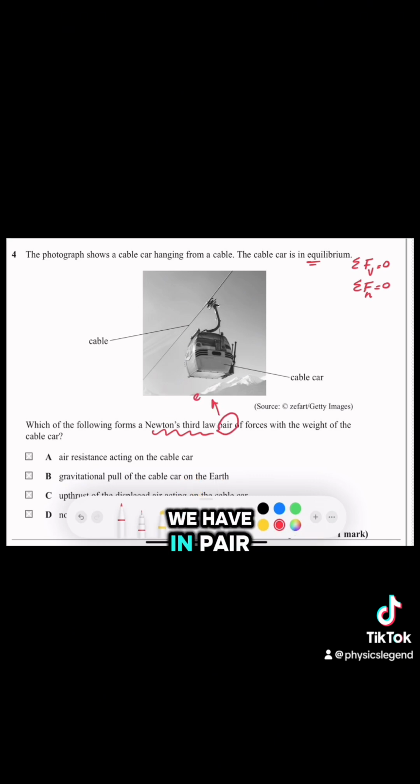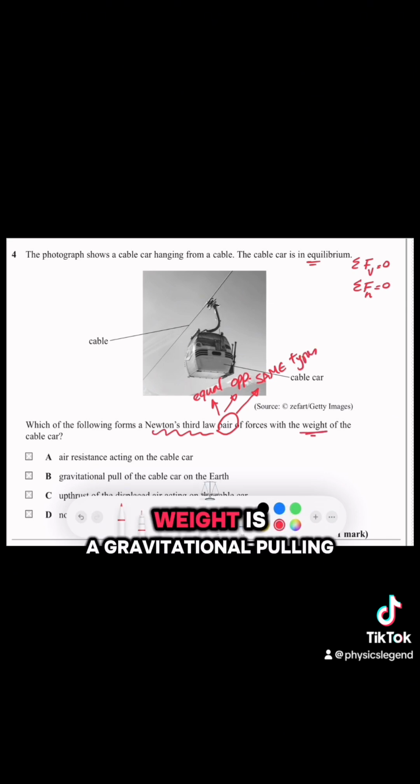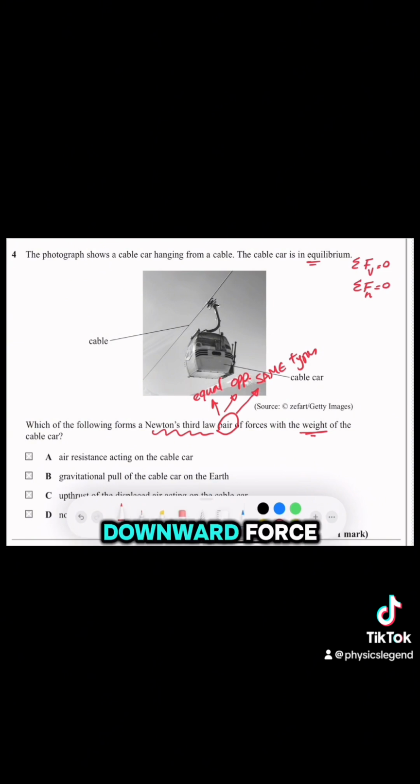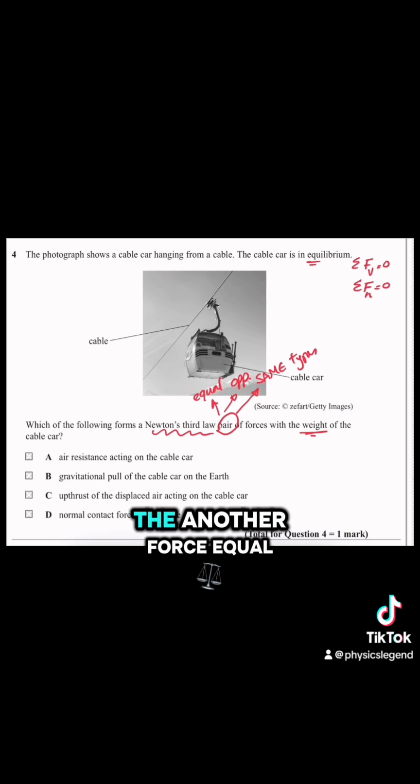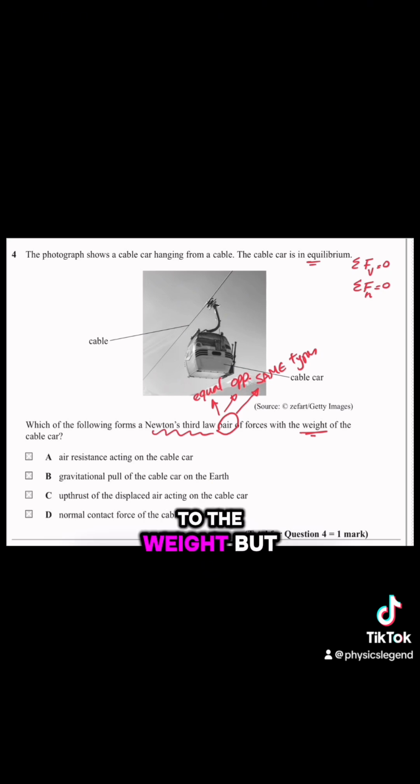Remember, in a pair of forces we have equal and opposite forces, and the forces must be the same type of forces. The examiner said the weight is a gravitational pulling downward force.